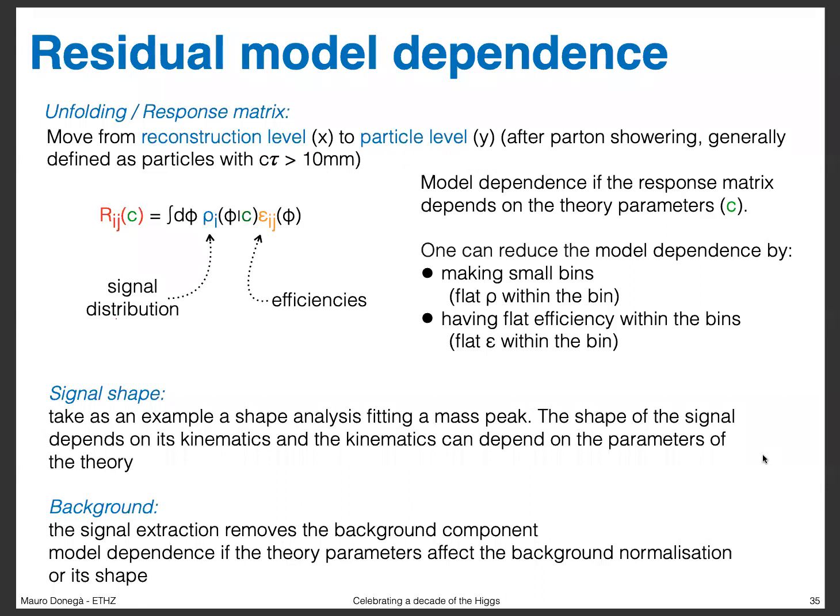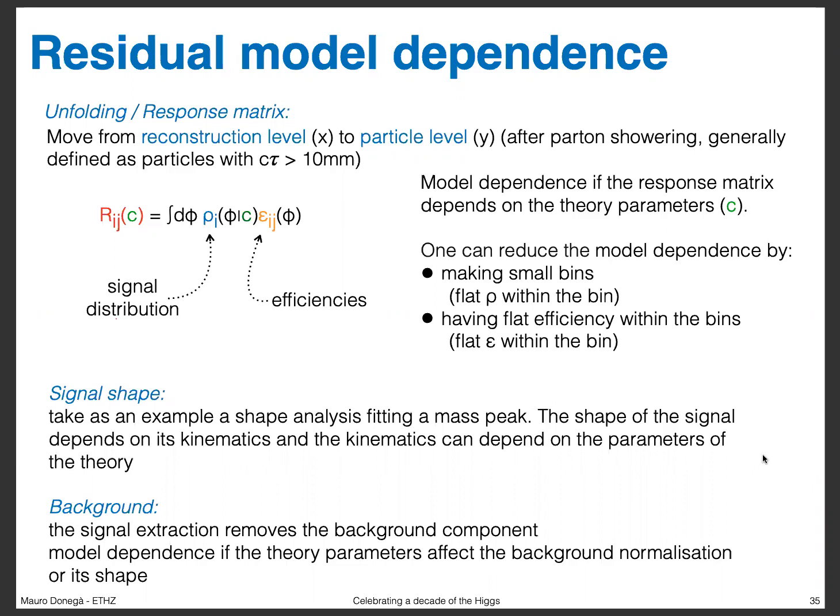Another residual model dependence comes in the signal shape, and it's unavoidable. Suppose you're reconstructing an invariant mass for your X candidate. The invariant mass will depend on the kinematics. Take again the example of the diphoton. The higher the pT of the photons, the better the resolution of your calorimeter, and so the narrower the bump.